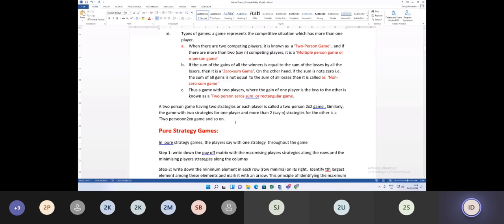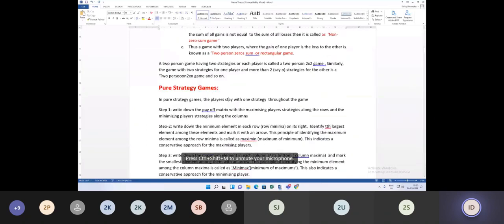Pure strategy game. In a pure strategy game, the players stay with one strategy throughout the game. Here, these are the steps.